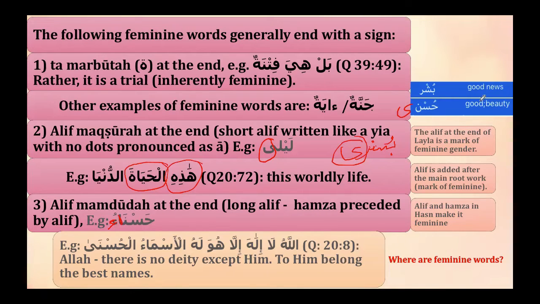So the word over here, look, husn, right? But if you add this, it becomes feminine. Hasna'u. So that's a feminine name, Hasna'u. So this is also alif mamduda at the end, a sign of feminine words. Again, alif mamduda means hamza preceded by alif. It's a marker of feminine gender.